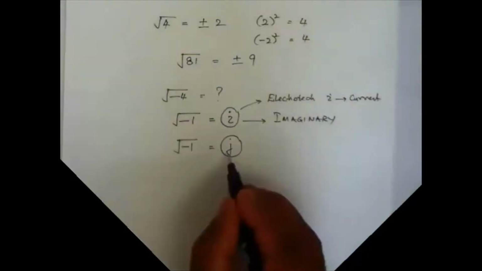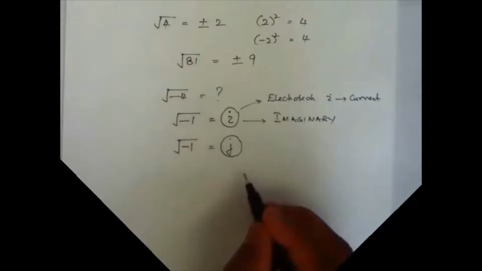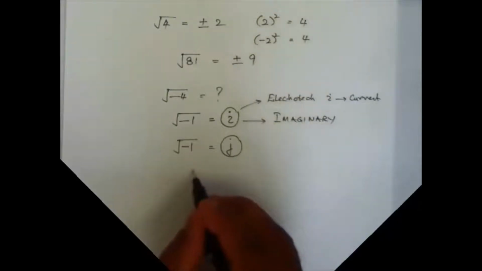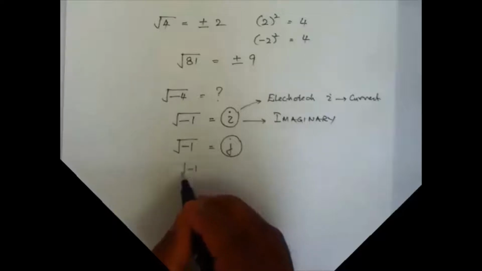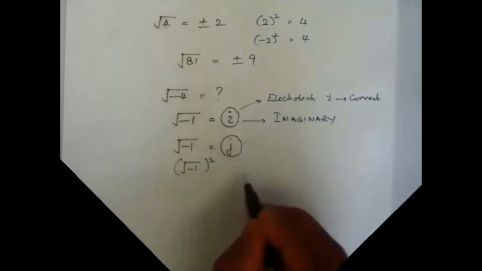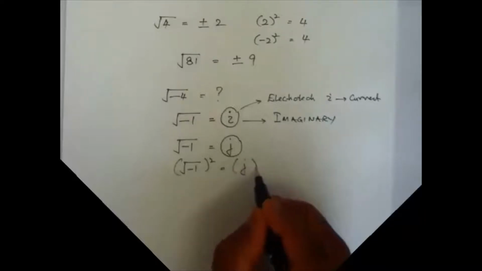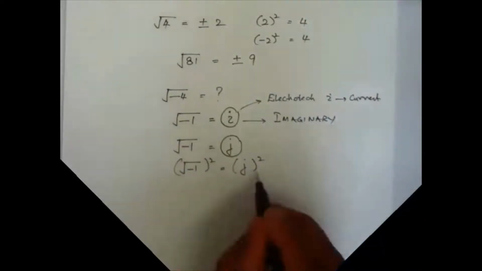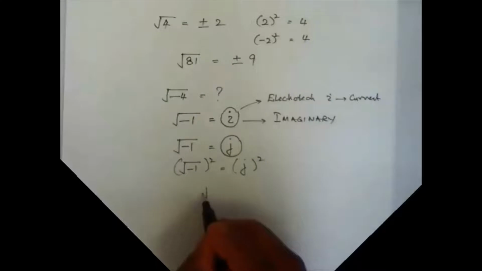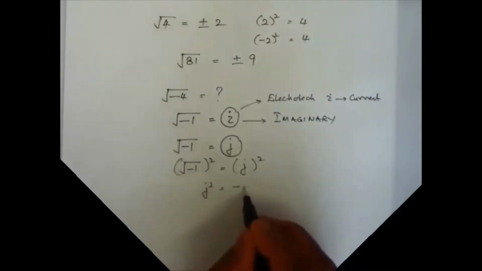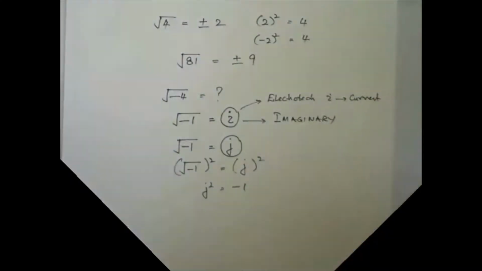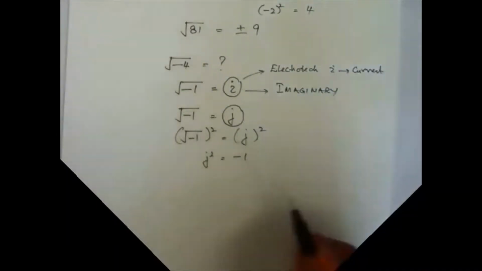So if j is equal to √-1, then if you square both sides, the equality holds. So that means j squared is equal to -1. This is a fundamental relationship in complex numbers.